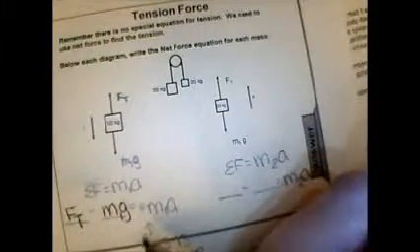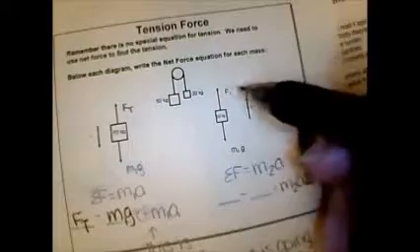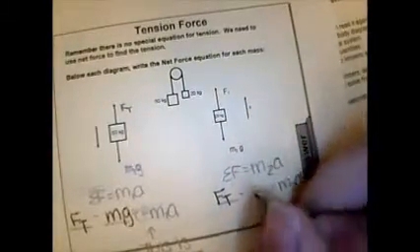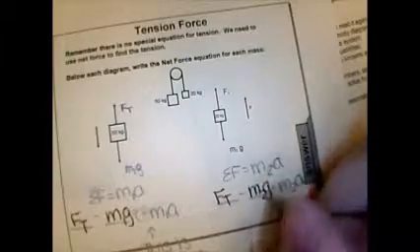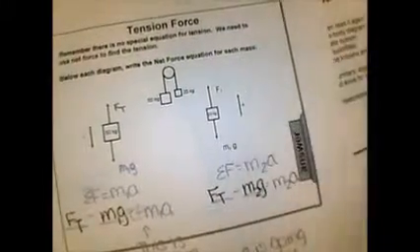And then we would get that m1a is negative because acceleration is going in the negative direction. For the second one, we have, again, ft in the positive direction minus m2g. And our ma would stay as just m2a, positive, because acceleration is positive.